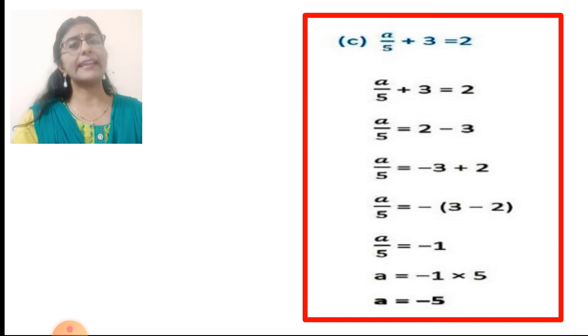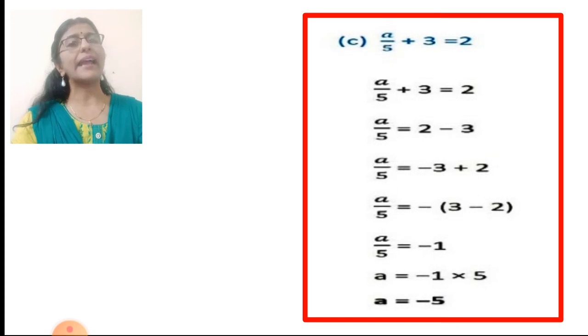Now you can rearrange this by writing minus 3 first. So we'll write a upon 5 is equal to minus 3 plus 2. And then we will take the minus sign outside the bracket. If you don't take the minus sign outside, you can also work it out directly. Otherwise you can write the minus sign outside the bracket and write the numbers like this.